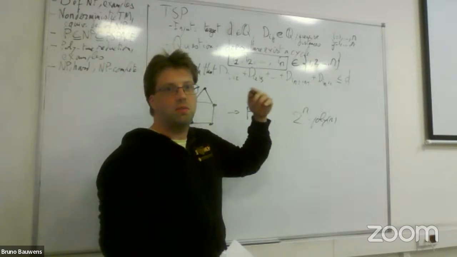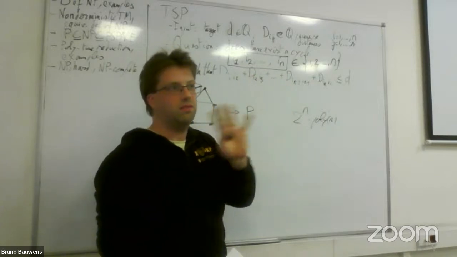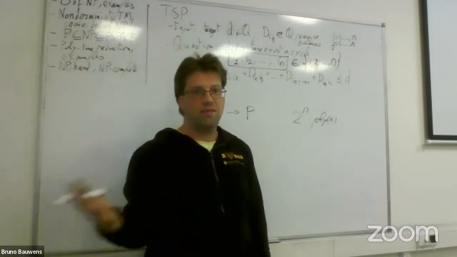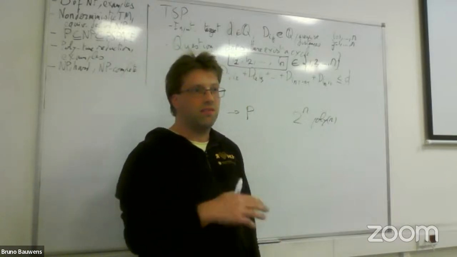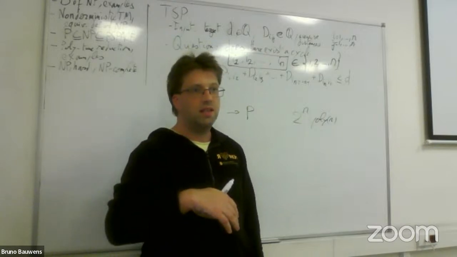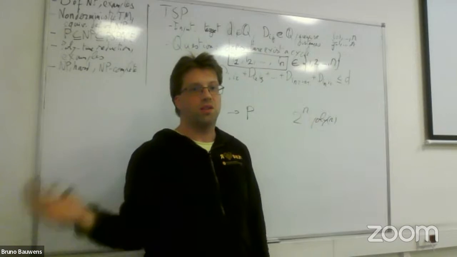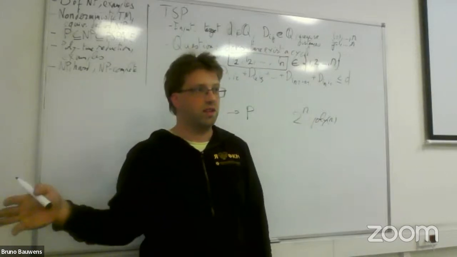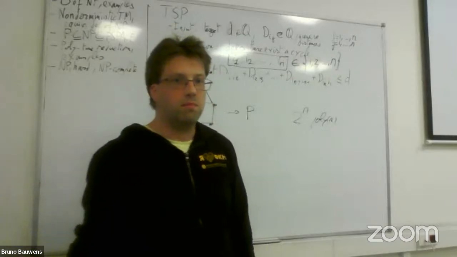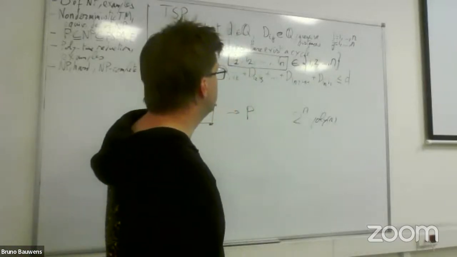You don't need to know this, but there is a question. Quasi-polynomial means do you have an algorithm that is polynomial in the value of the numbers? Normally the numbers are given in binary, so you need an algorithm that's polynomial in the log of the value of the numbers. For Hamiltonian cycle it's a strange question.